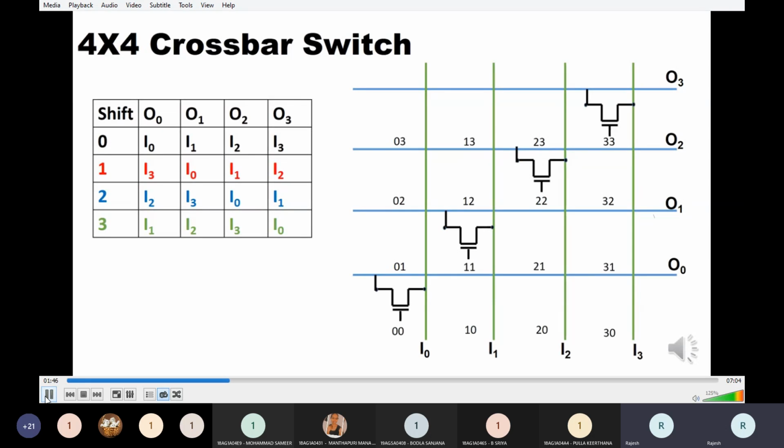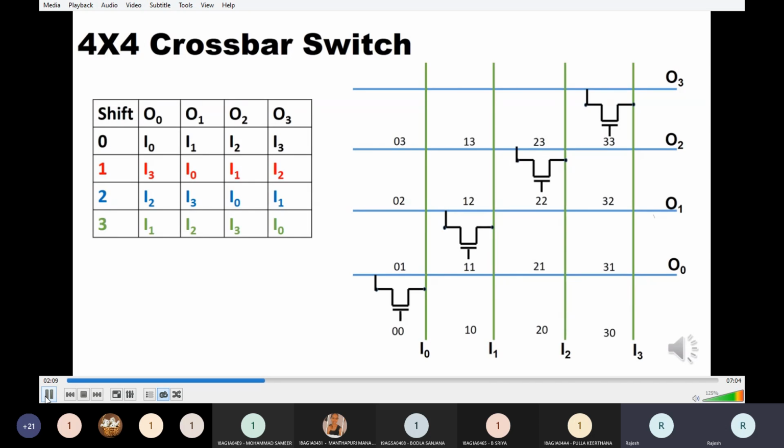Gate control 3,3 connects input 3 to output 3. So if we apply a high gate input to these 4 transistors, we will have 0 data shift. Whatever input we apply, the same output we will get, as shown in the table.